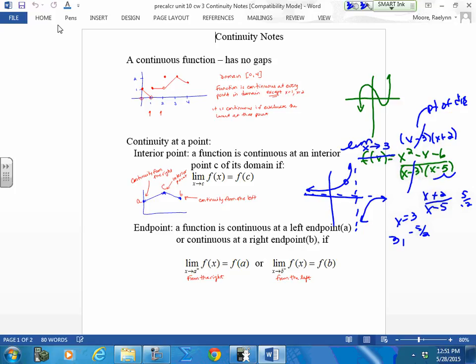But I could factor this out, figure out what I'm missing, and then plug it in. But today, we're just going to look at the graph part of this. We're going to look at what this point would be if I could fill it in on my graph.